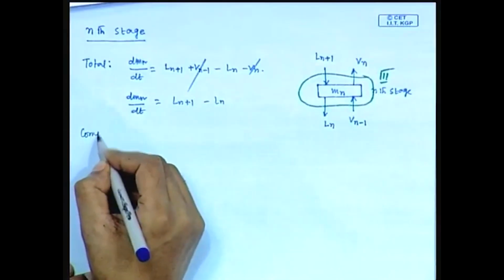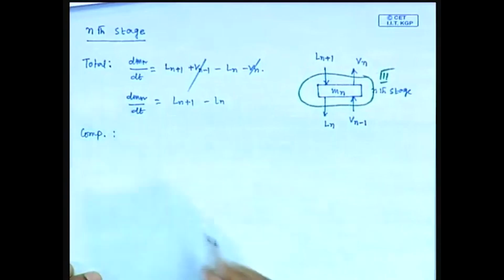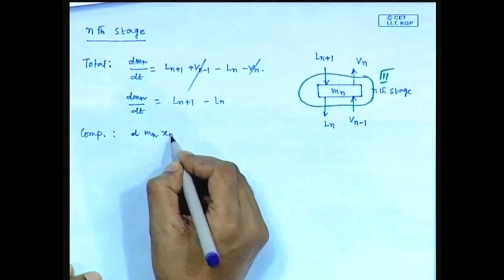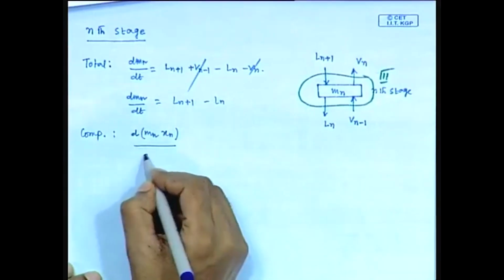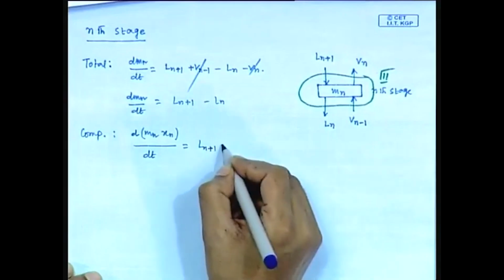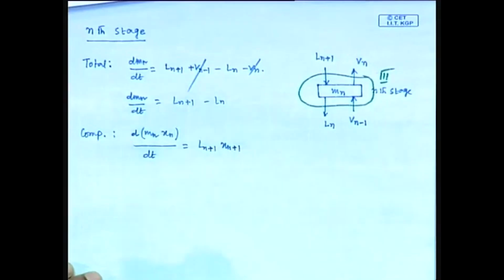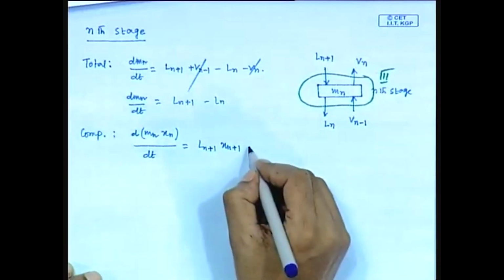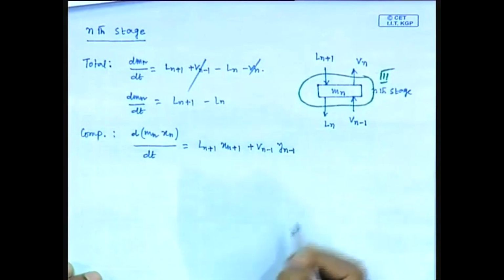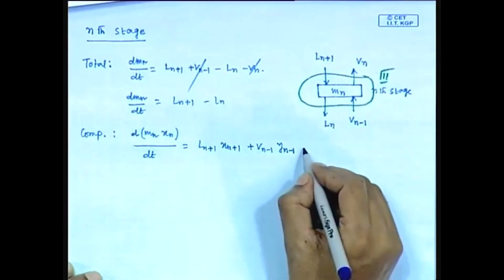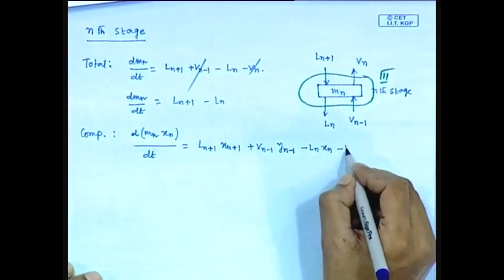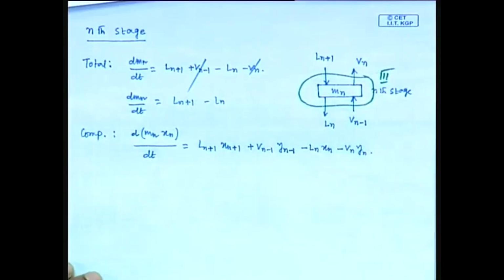What will be the component mass balance? d Mn xn dt equal to Ln plus 1 xn plus 1 plus Vn minus 1 yn minus 1 minus Ln xn minus Vn yn.